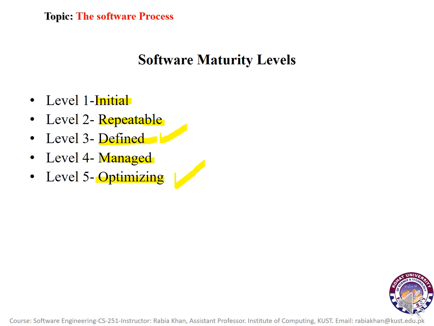And if the quality of the process and the product is being properly measured, that means the company is at level 4. So these 5 define the software organizations on the basis of the software development process that they follow, how mature that process is.